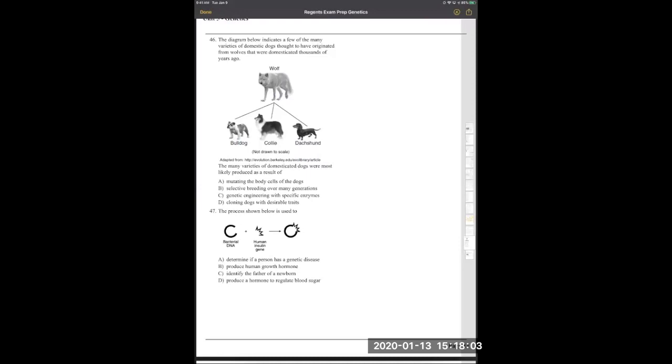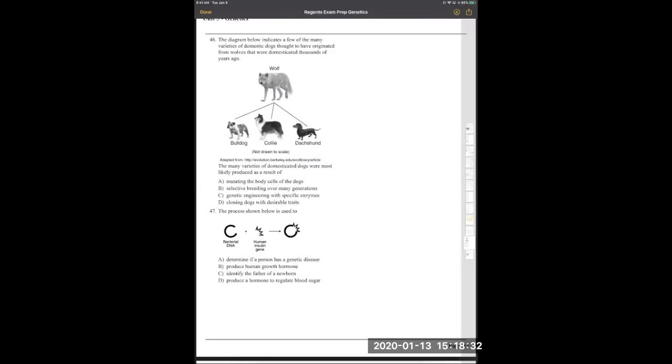So B would be my answer, and I would definitely put my money on B. Okay, moving on. 47. The process shown below is used to... You have bacterial DNA that is also called enzyme. You have the human insulin gene. You put them together. A, is used to determine if a person has a genetic disease.